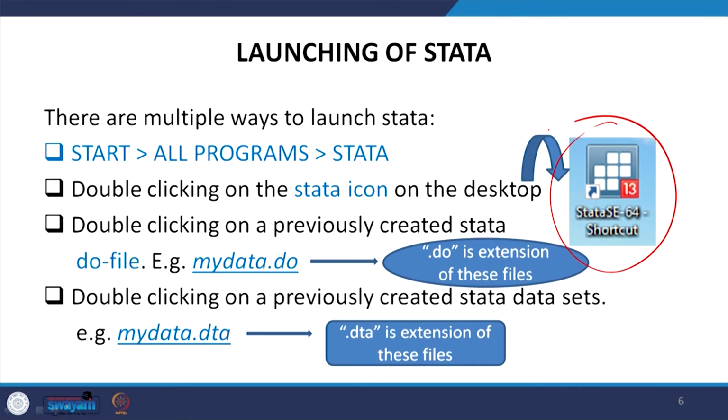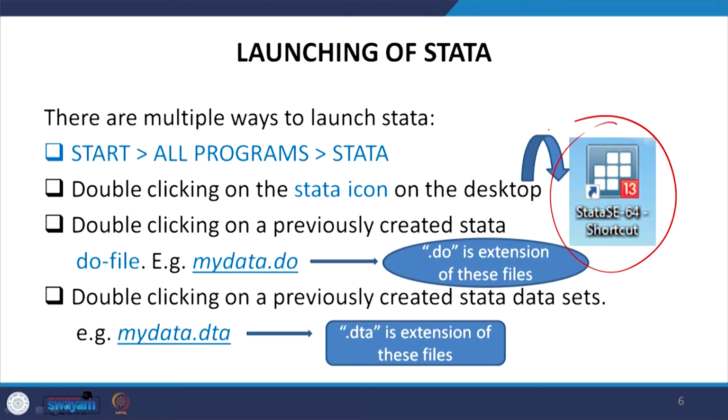Okay. Similarly, double clicking on a previously created data set, like you have a data set, we have already shown you 3 data sets, ISDS, NFHS and NSS data sets.